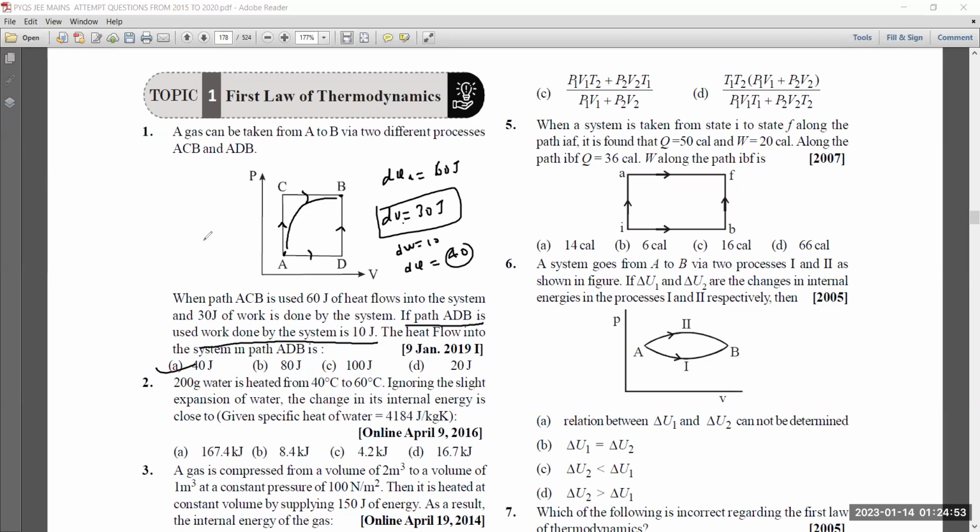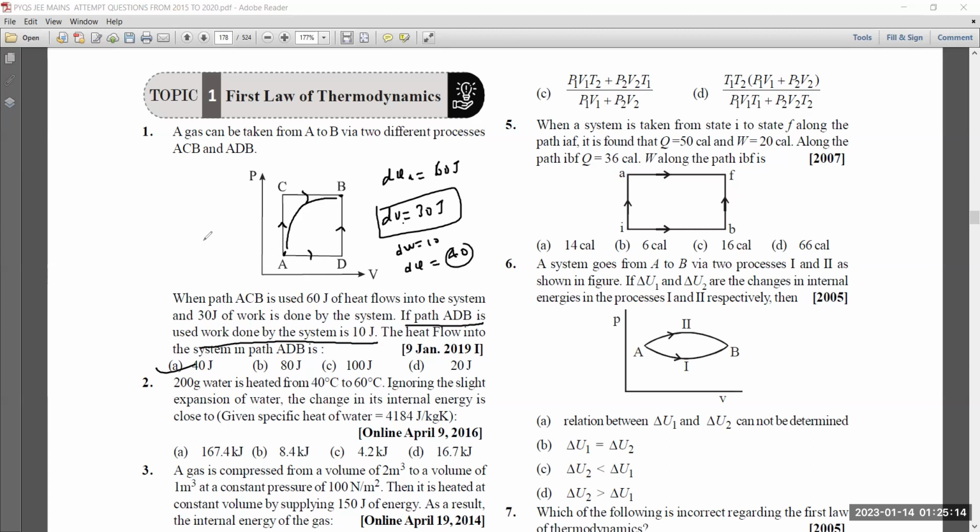So how much energy is it going to absorb? 16.7, sir. No, sir, simply it's 160. It is m s delta T, right?